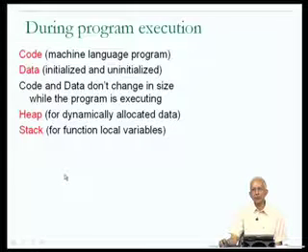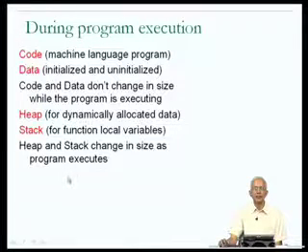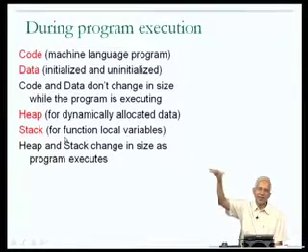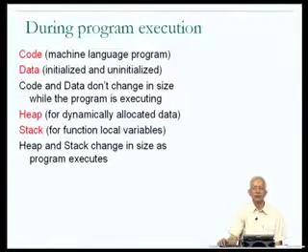Therefore, a picture which I could have in mind is that the heap and the stack come into existence after the program starts executing, but that they could change in size as the program executes. Every time there is a function call, the stack is going to grow a little bit bigger, with more and more items put onto the stack as more and more functions get called from each other. Similarly, as malloc is called more and more, more heap data will come into existence.